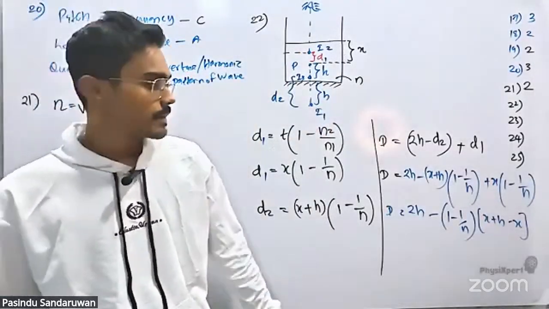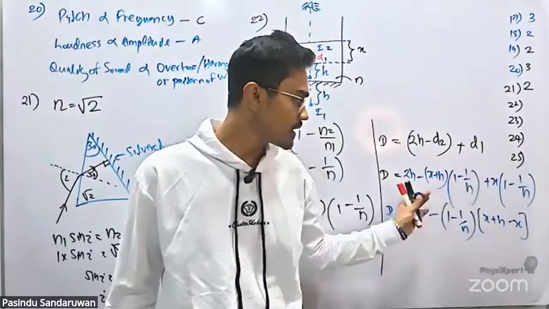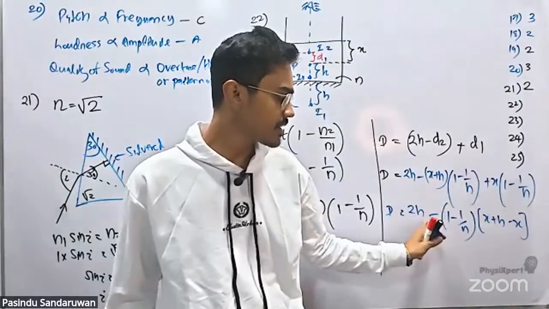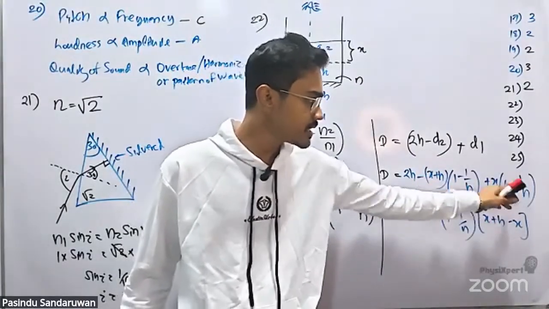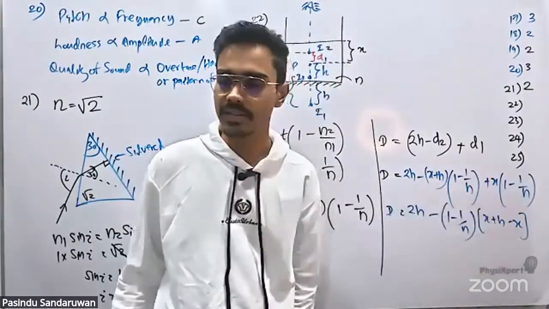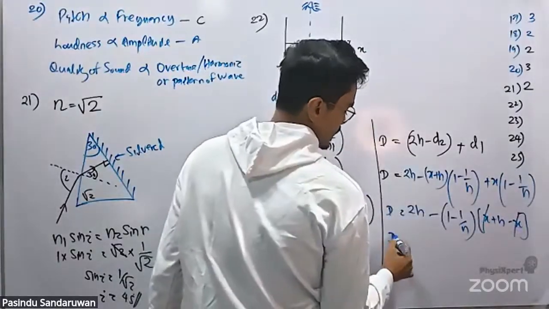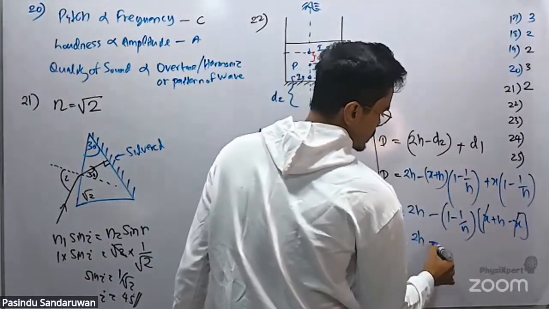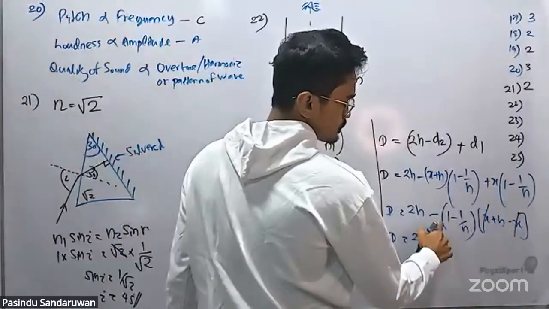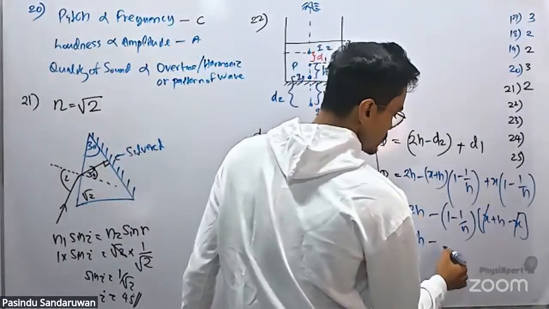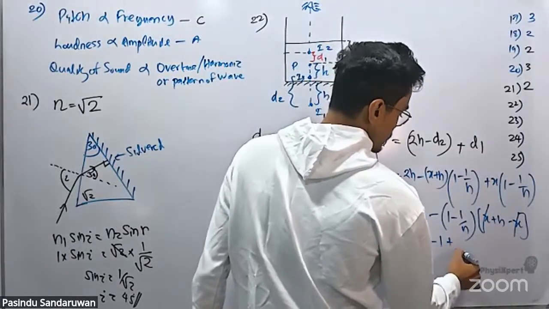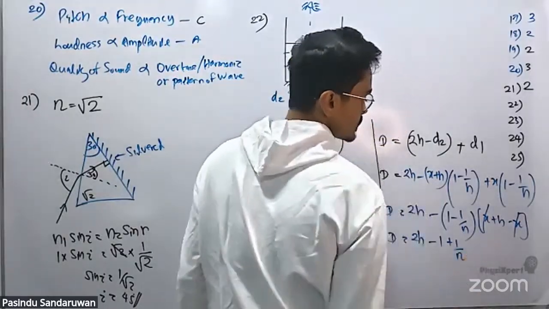Clear? Because I can take 1 minus 1 over n out, here x plus h remains, here since minus is taken, minus x remains. Then x minus x cancels. D equals 2h minus, here 1 comes, minus 1, then plus 1 over n.